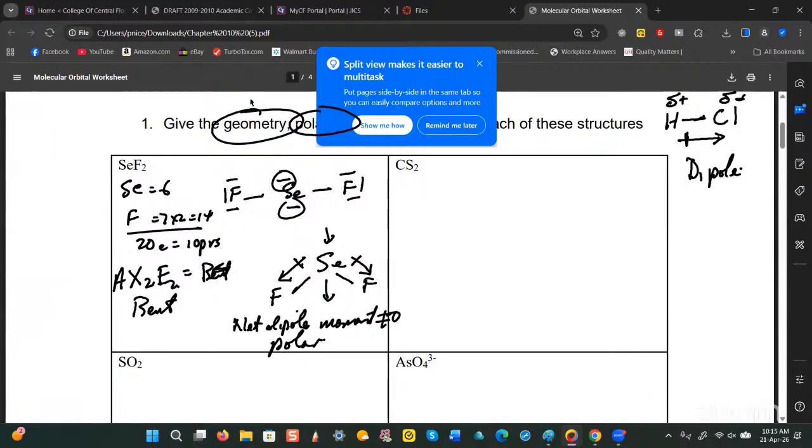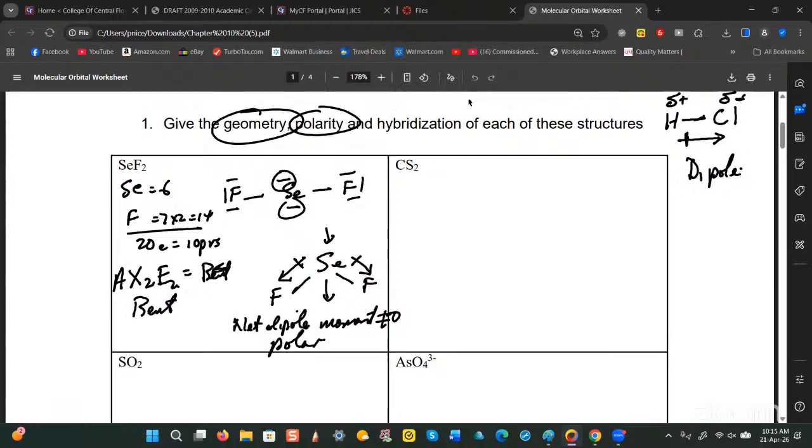So the first thing again we have to do is determine the Lewis structure. So how do we go about doing that? A number of valence electrons. Okay, so for carbon, that's how many? 4. For sulfur, that's how many? 6 times 2, which gives you 12, so that gives you a grand total of 16 electrons, equal to 8 pairs.